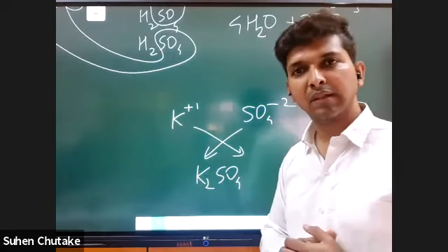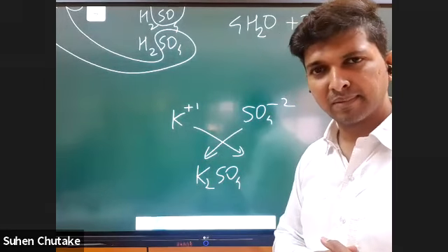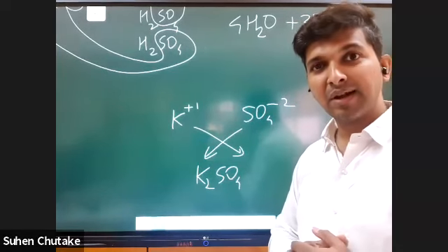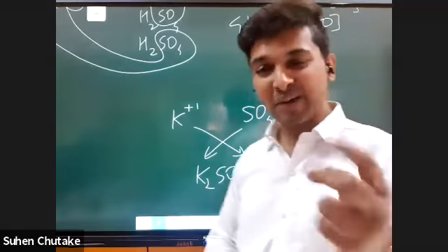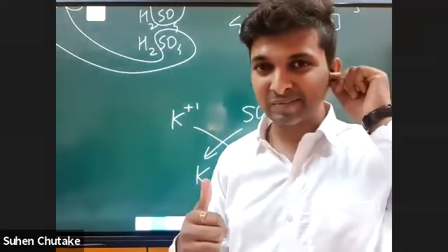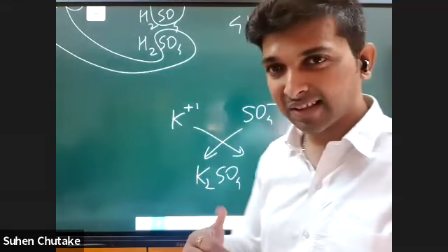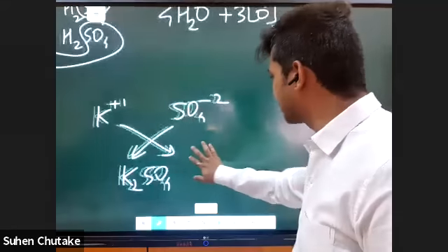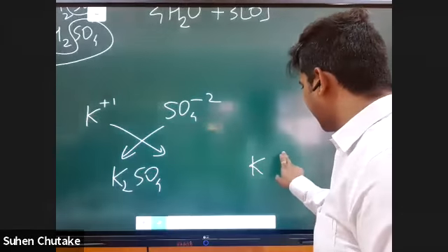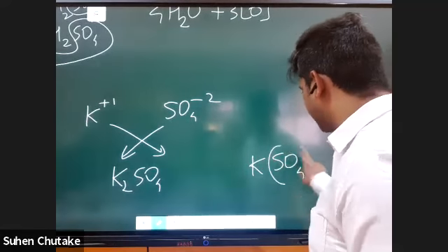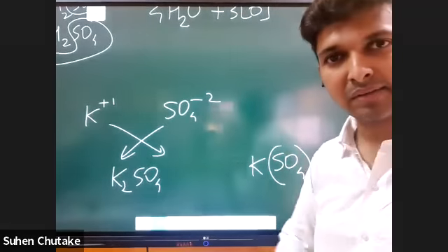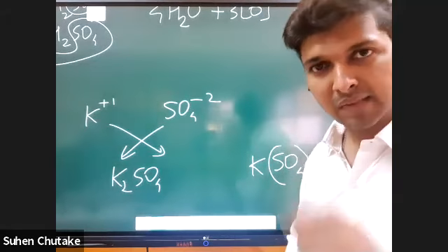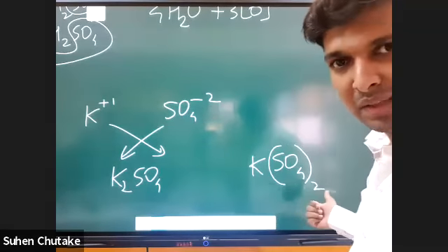But why can't we take 2 SO4s with K? Why can't you take 2 SO4 with K? So you mean to say that you will write like this: K SO4 twice. Correct? You want to write like this: K SO4 twice.